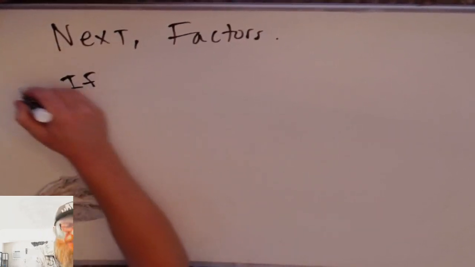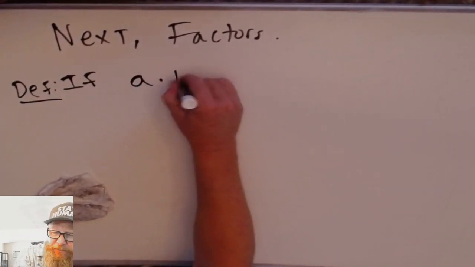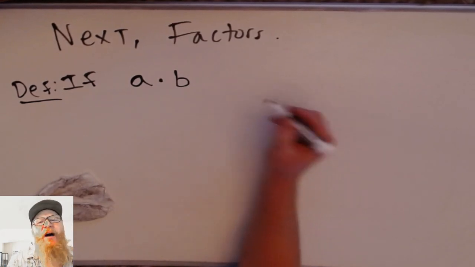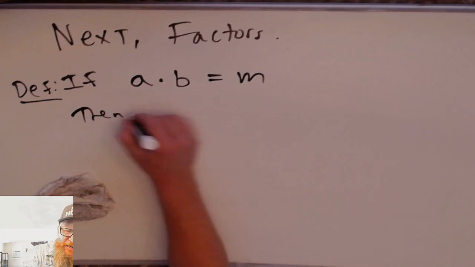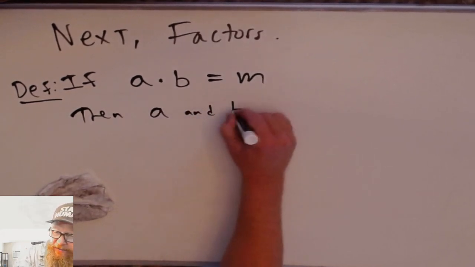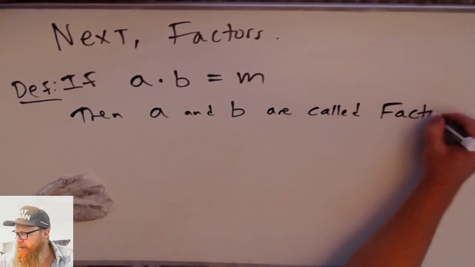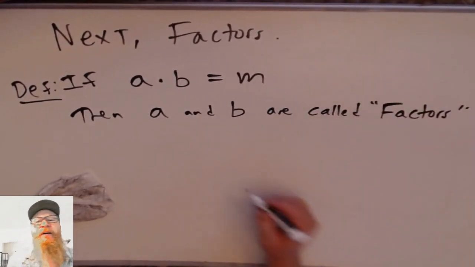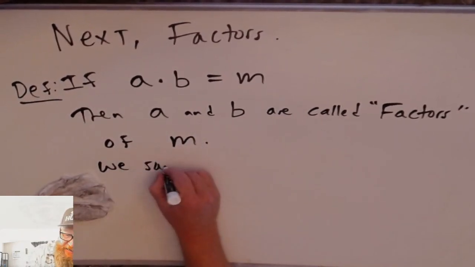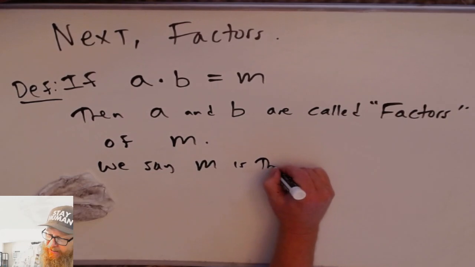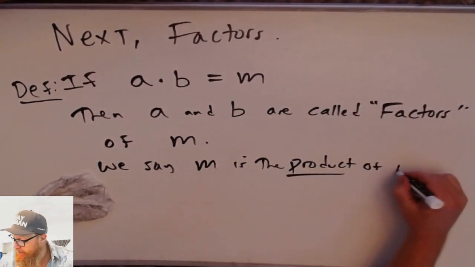Here's the definition. If A times B, I'm using the dot for product, is equal to M, then A and B are called the factors, or just simply factors of M. We say M is the product of its factors.